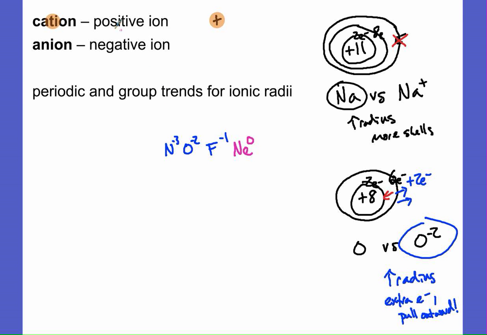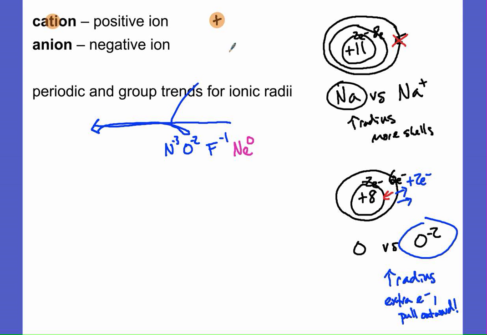When we look at those different ions and compare nitrogen, oxygen, and fluorine, as I go from left to right, are those things getting bigger or smaller? It's the same as it was before for normal radius. A nitrogen ends up being smaller than a fluorine because it has fewer protons.